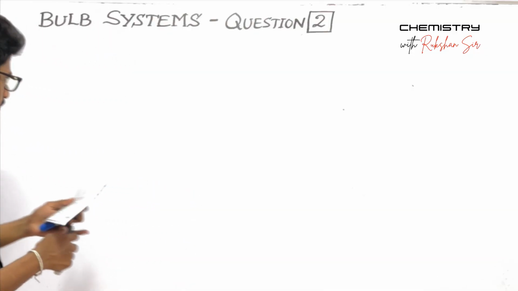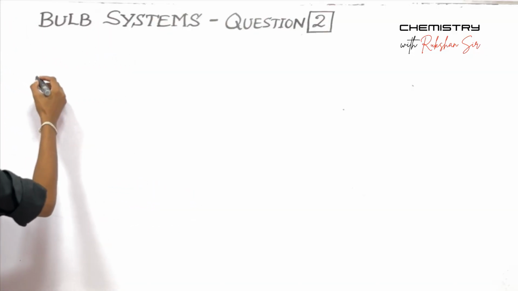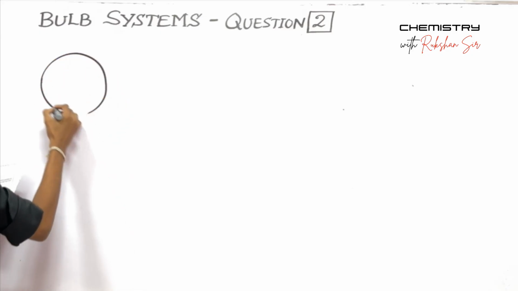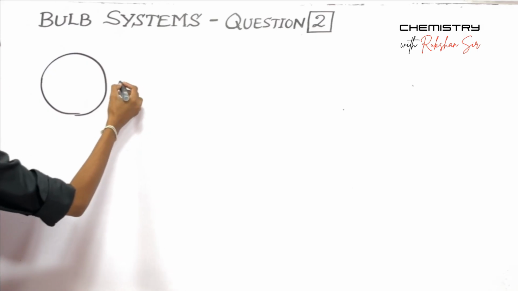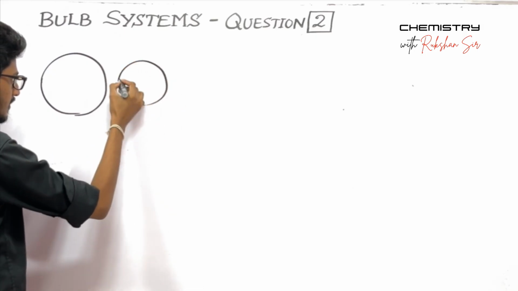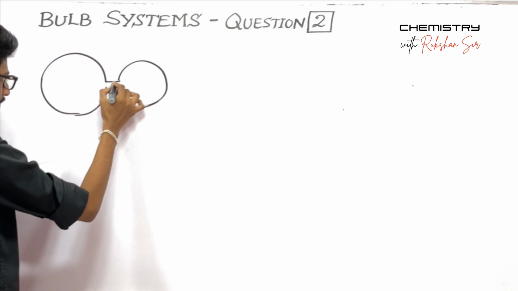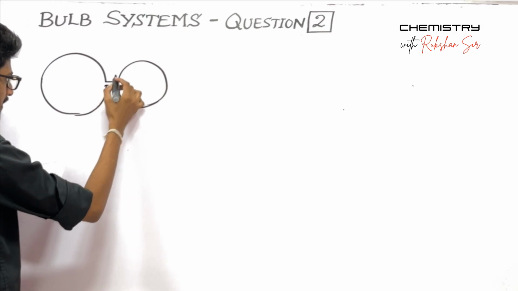So there are two bulbs. One is a large one and the other one is a small one, connected via a tube of negligible volume.